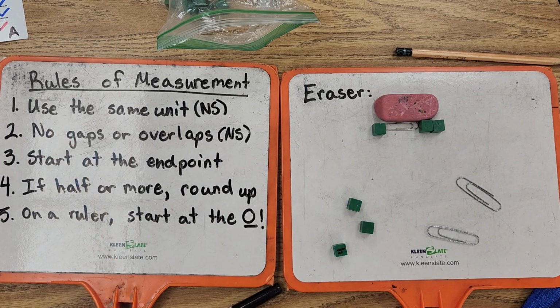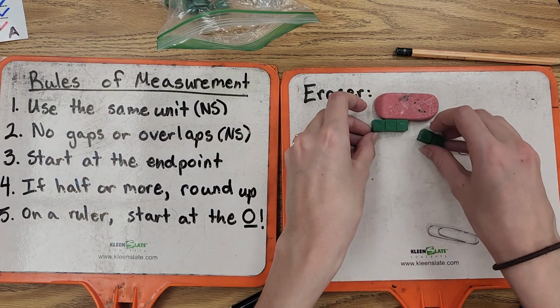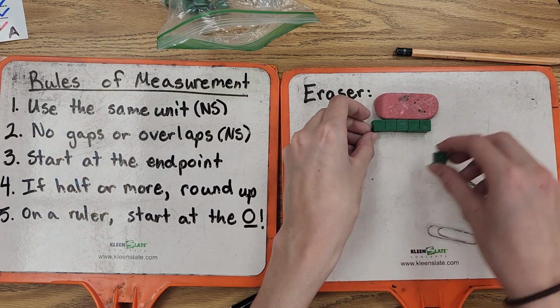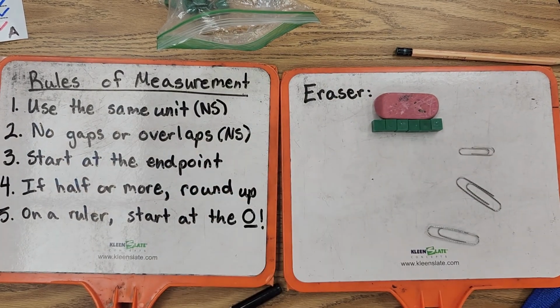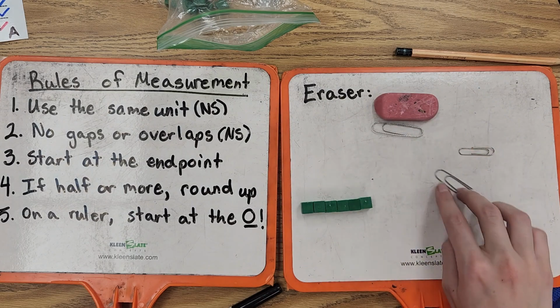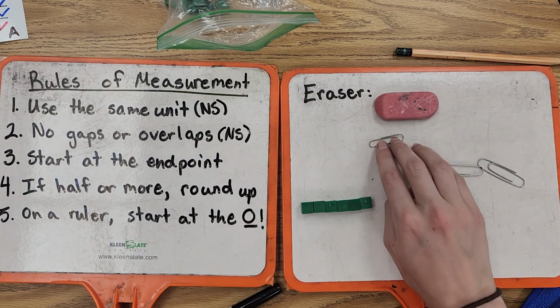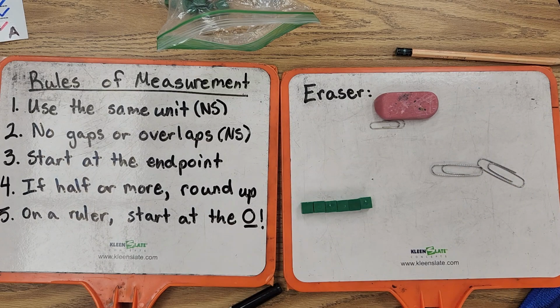It's not going to help me very much. So I have to make sure I'm only using units of the same type. Otherwise, it will not work. If I'm using the big paper clips, I only use big paper clips. If I'm using small paper clips, I can only use small ones. So that's one of the first things that we think about with our non-standard measurements.